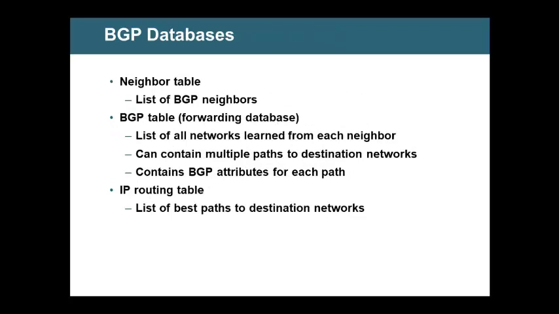These are the three types of tables that we see in BGP. One is the neighbor table. As I said earlier, two routers will form neighbor when the three-way handshake is successful, followed by BGP parameters that are supposed to match. Only when they match, they form neighbor. Such established neighbors are listed in this table.